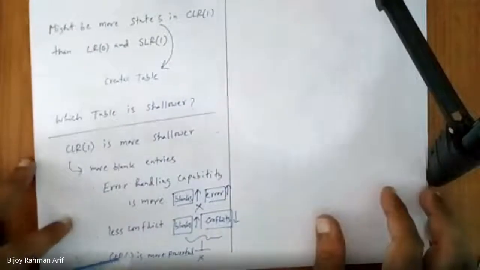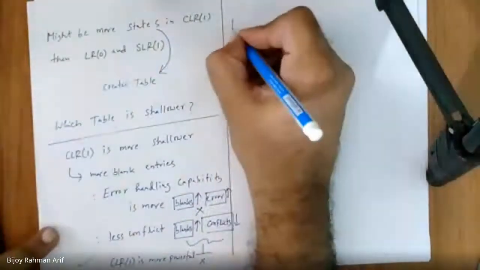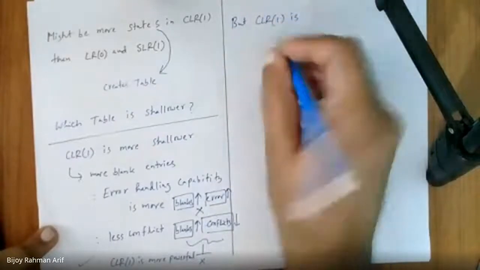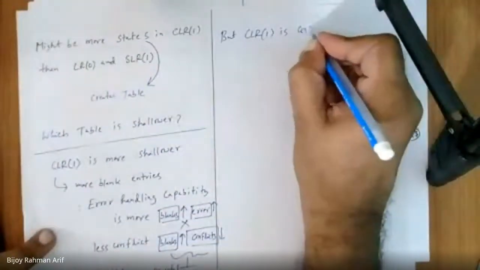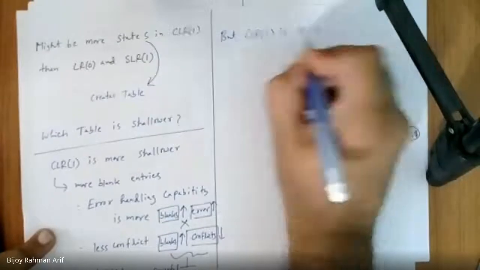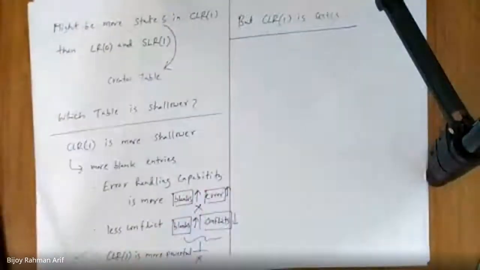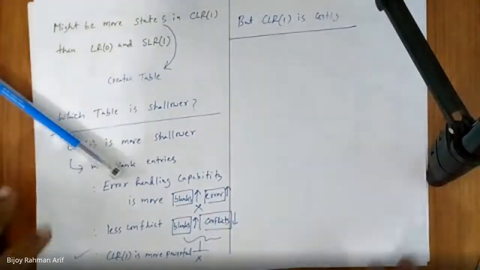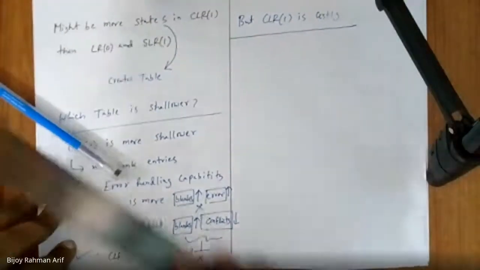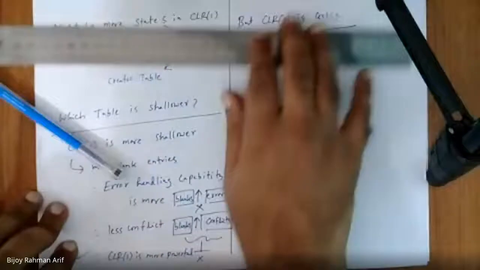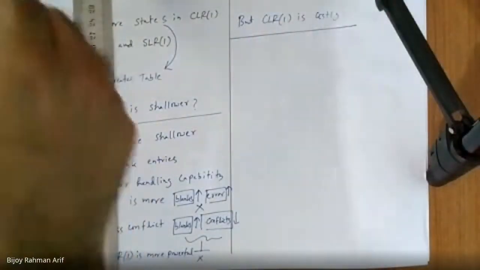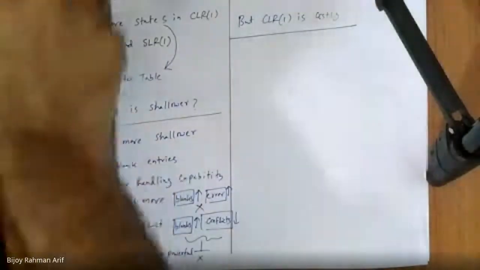CLR1 is costly. Why is CLR1 costly? Any idea, guys?